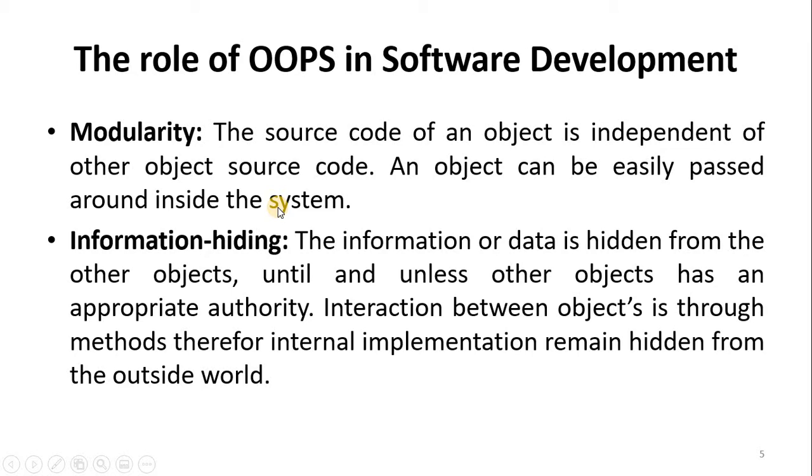So you may have any number of objects within the project or within your system, and any object can easily communicate with others within the project, within the system itself. That is modularity. Modularity means we are segregating the modules, dividing the source code into different objects.